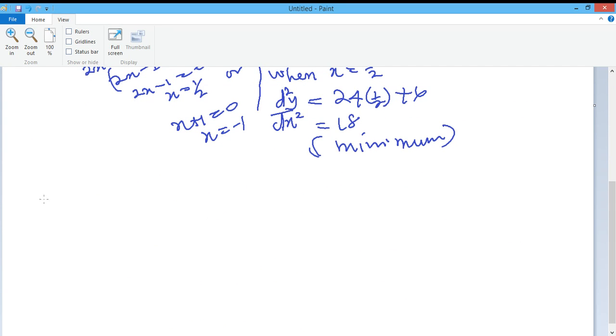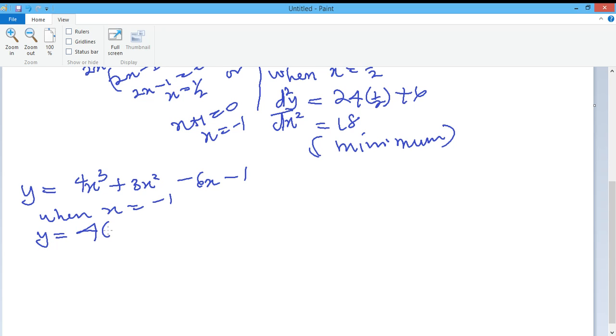Then let's solve for the corresponding y values using the original equation. The original equation is y is equal to 4x cubed plus 3x squared minus 6x minus 1. When x is equal to negative 1, we slot in: y equals 4 times negative 1 cubed, plus 3 times negative 1 squared, minus 6 times negative 1, minus 1.